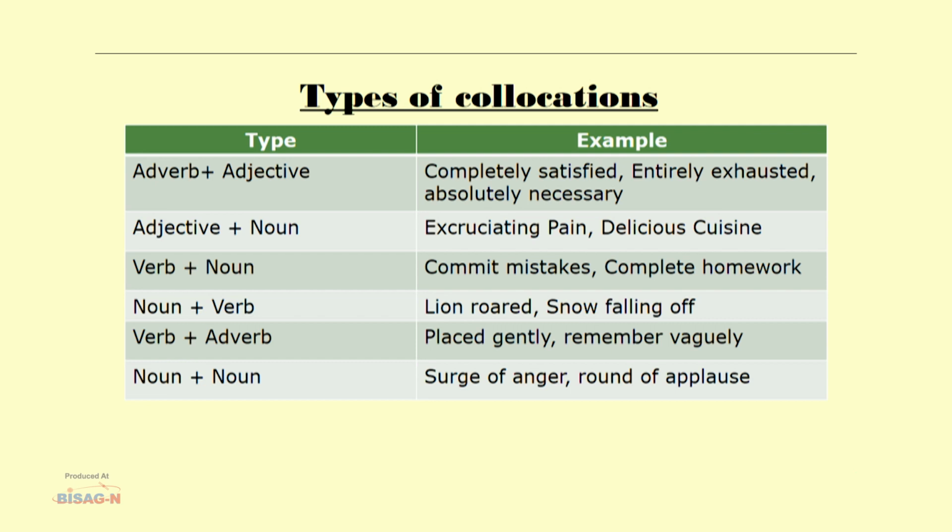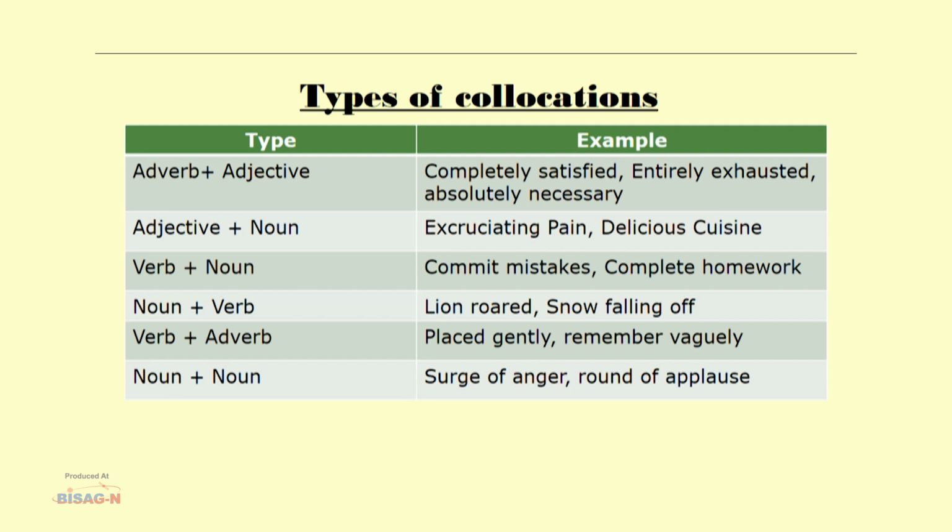So the gaps can have these collocations. It is essential that the candidate understands what is right there before and after the gap. Just look at the words, categorize what part of speech is given before and after the gap, and then try to fill in the gaps with the correct choices.